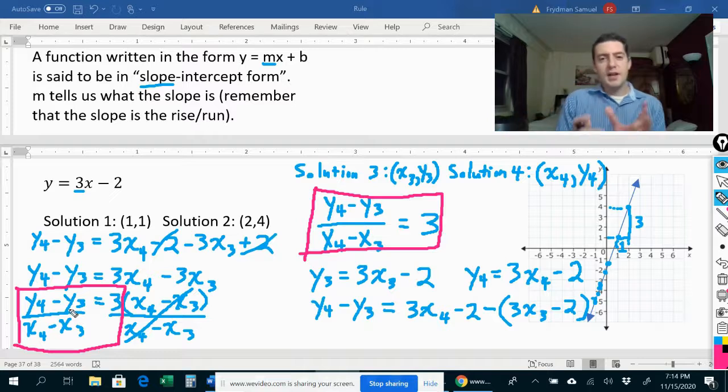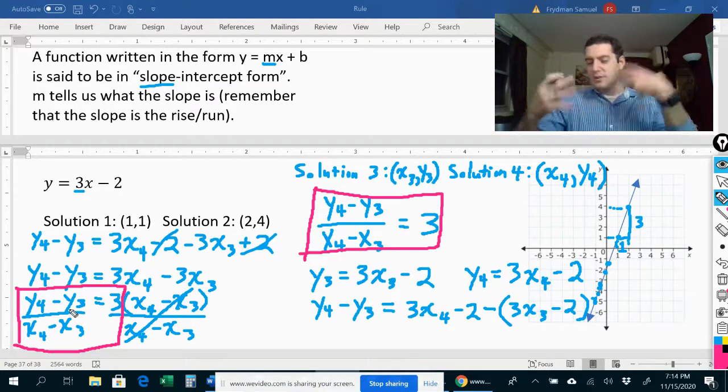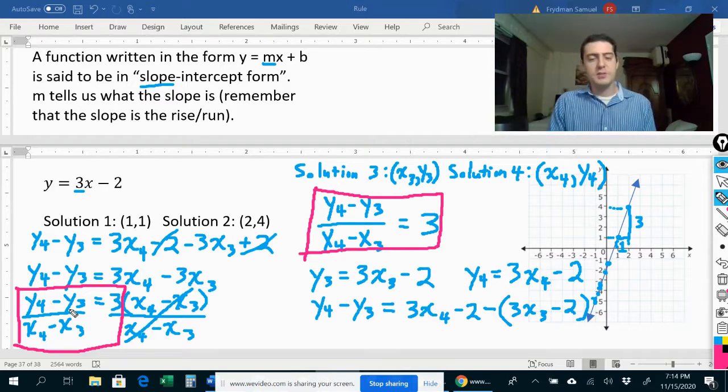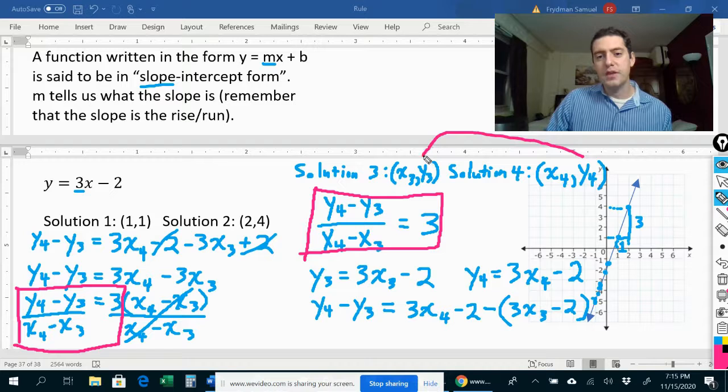So what does that mean? Again, to recap, because I know with all these steps it's hard to remember why we were even doing that in the first place. What we just showed is that for any two solutions on this line over here, even if we don't know what the solutions are, the rise, which we get by subtracting the y values, divided by the run, which we get by subtracting the x values, would be equal to 3.